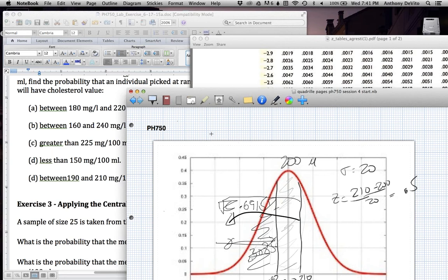So if I subtract one from the other, 0.6915 minus 0.3085, it's going to leave the area in here. And that answers my question, what's the percentage of the population that's between these two values for this normally distributed population? That's going to be 38.3%, or 0.3830.